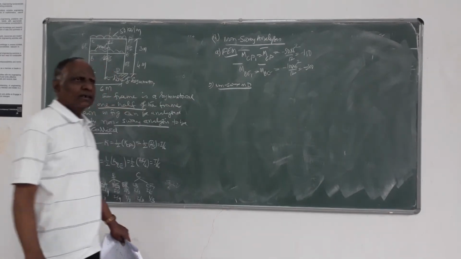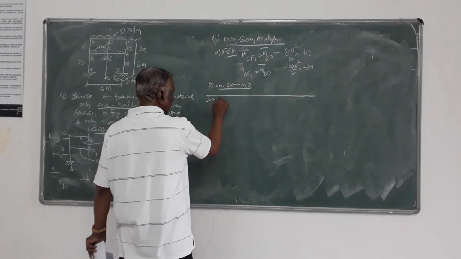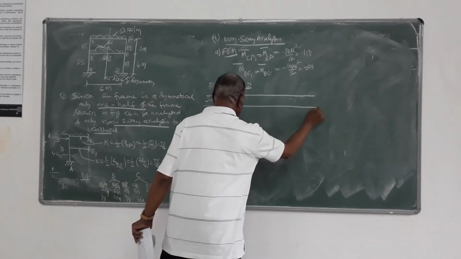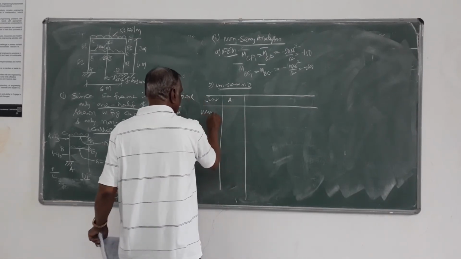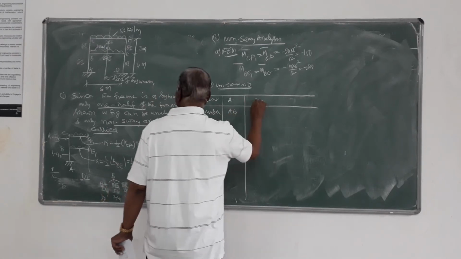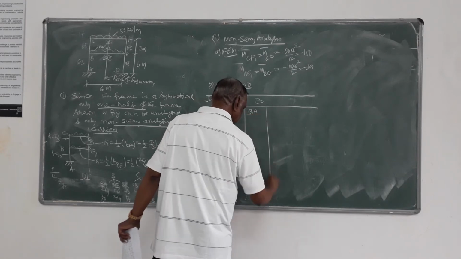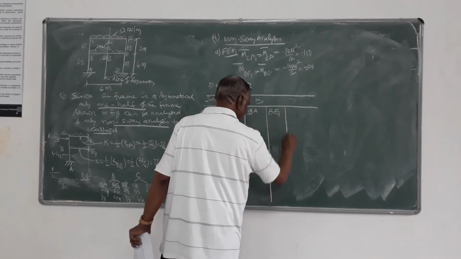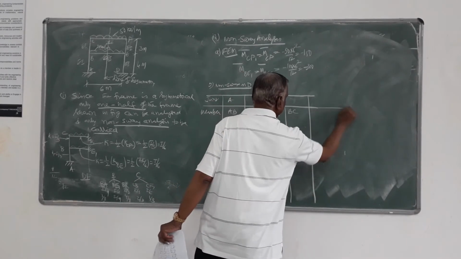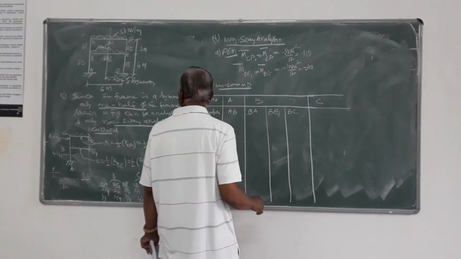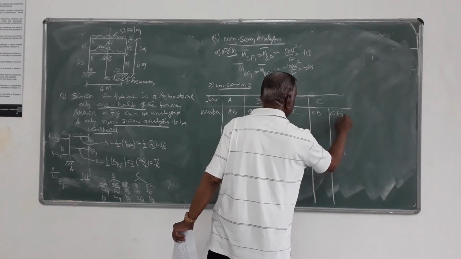Non-sway moment distribution. You prepare the table. Joint A, member AB; joint B, BA, then BE1, BC; then joint C, CB, CF1.